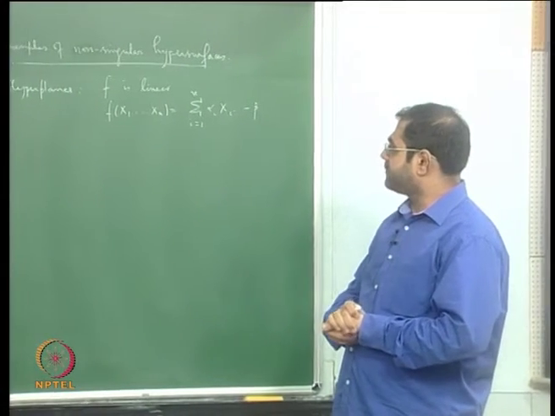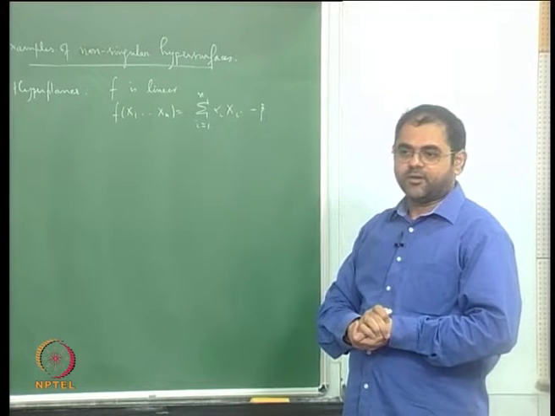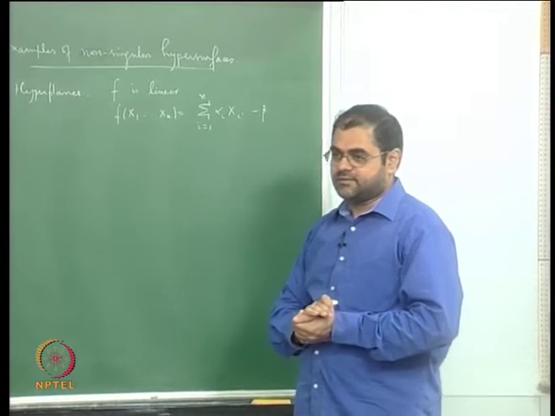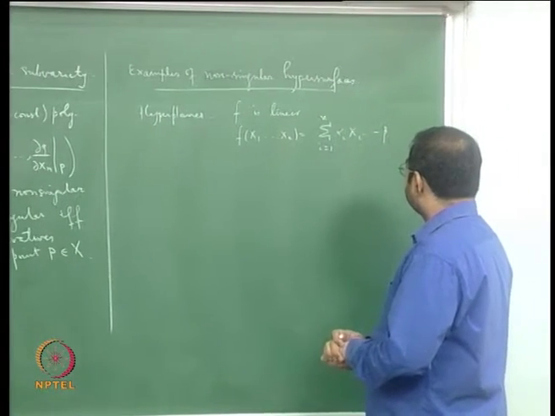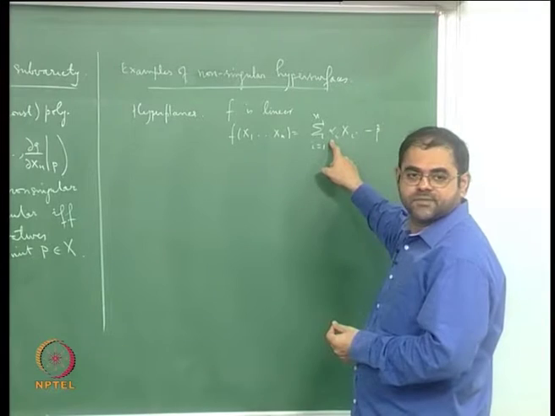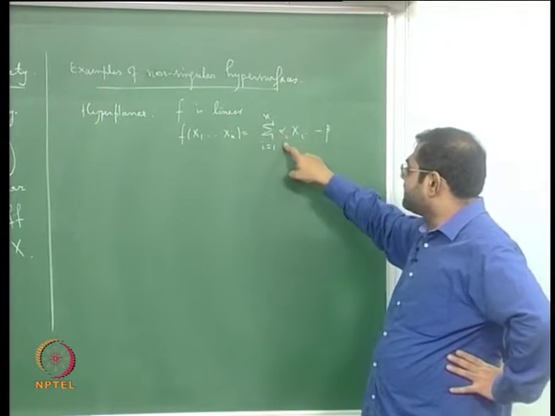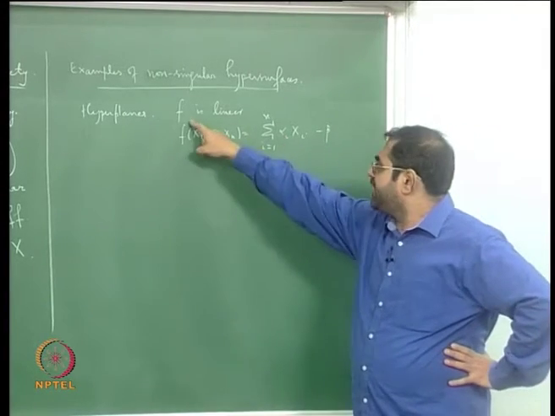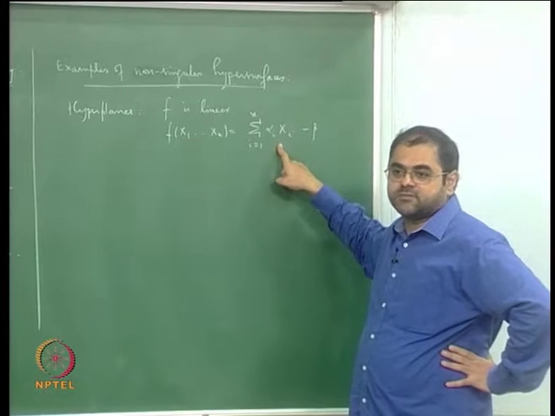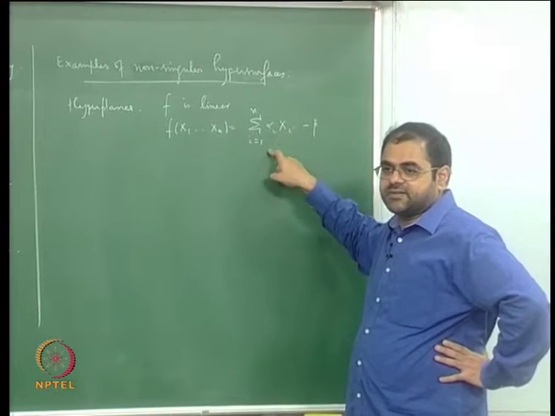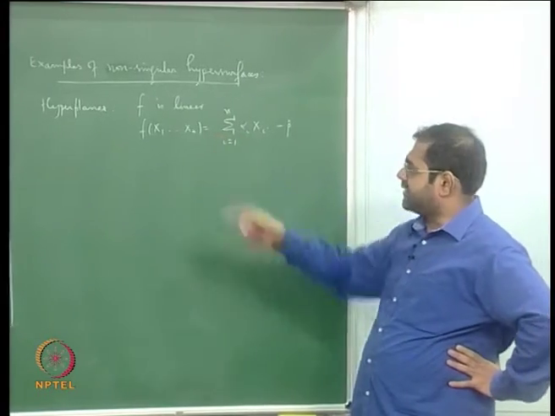I really want a linear polynomial which is not the zero polynomial, or a constant polynomial. So at least one of the alpha i's survives, is non-zero. If a certain alpha j survives, then if I take the partial derivative of f with respect to xj, I will get alpha j which is not 0. So that will never vanish at any point on this hyperplane.